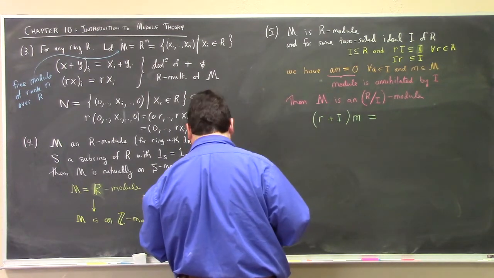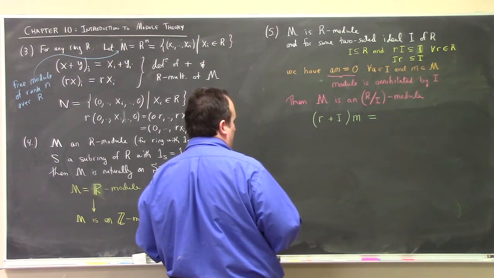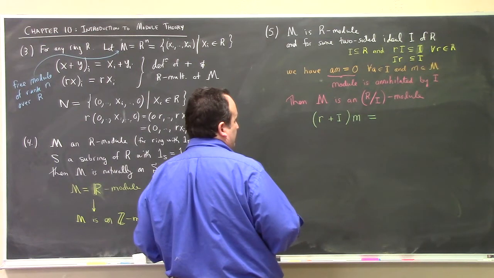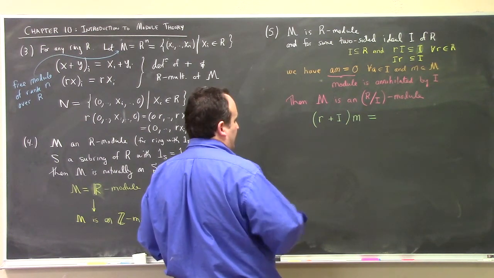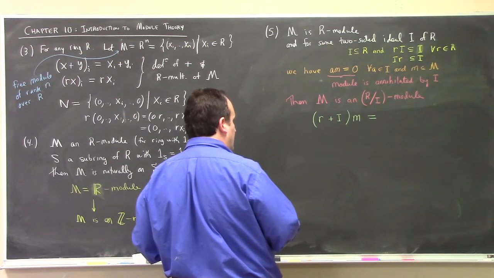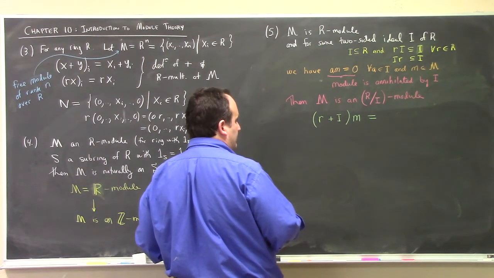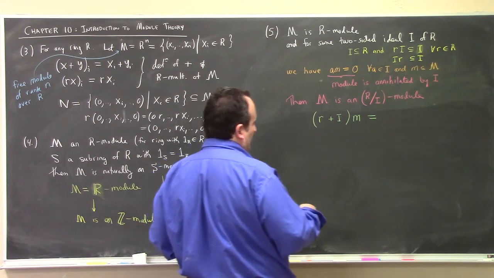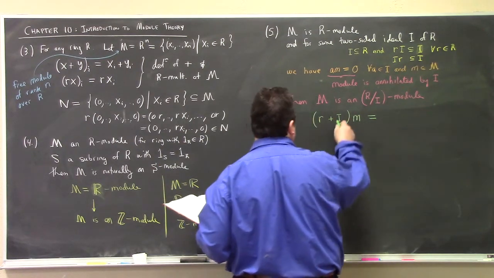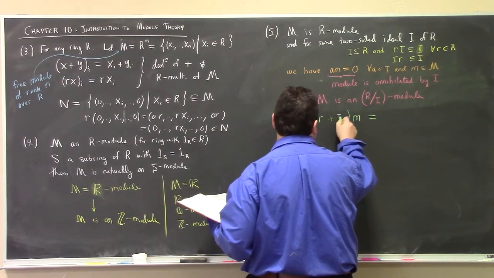We have distributed. Oh wait, no, I need an element of M. So how do I get an element of M from this? You multiply by the identity. Well, this is the ideal, it's not the identity.